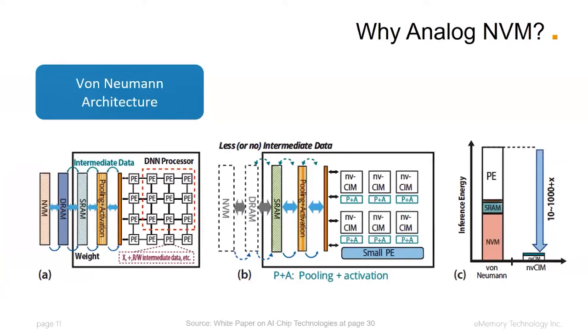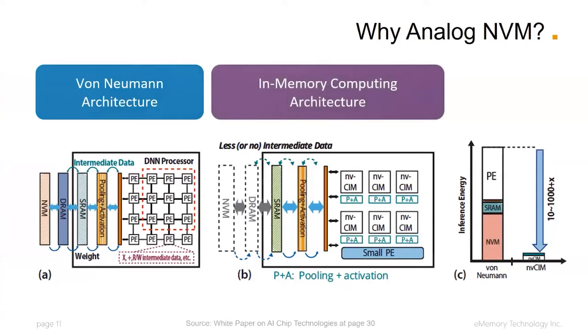Based on that, the fundamental component of the AI system is complicated and has higher power consumption due to the SRAM-based processing element. Maybe it is acceptable for cloud computing, but not for edge computing. For edge computing, we can consider changing it to an in-memory computing architecture.